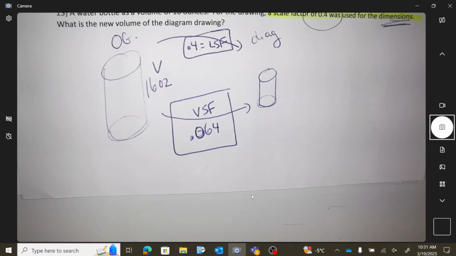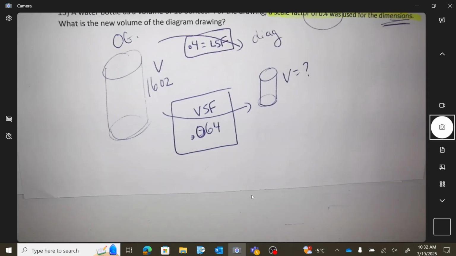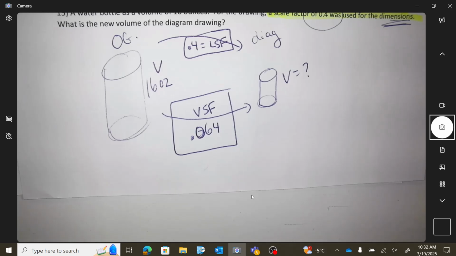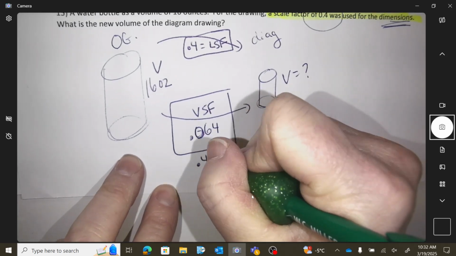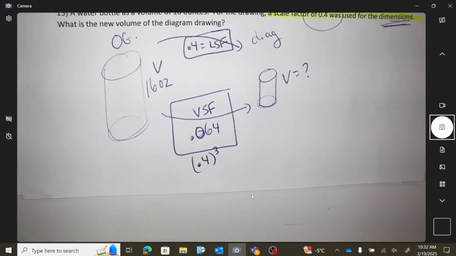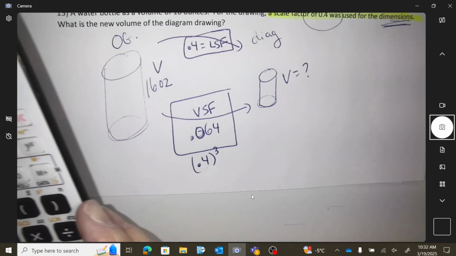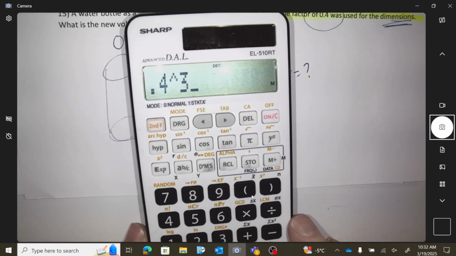So now the final question is, what is this volume? I did this cubed. 0.4 cubed. Not cube rooted, cubed. Like that?